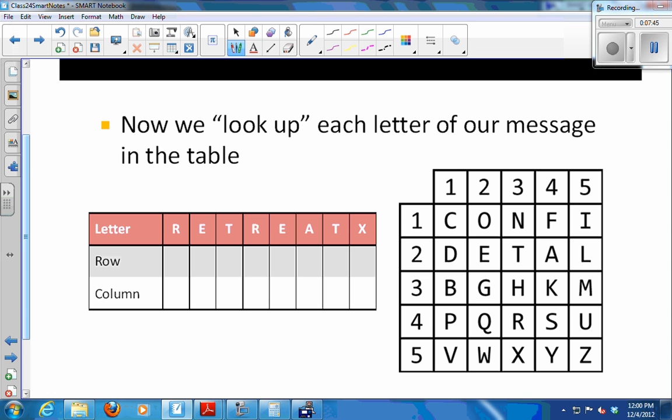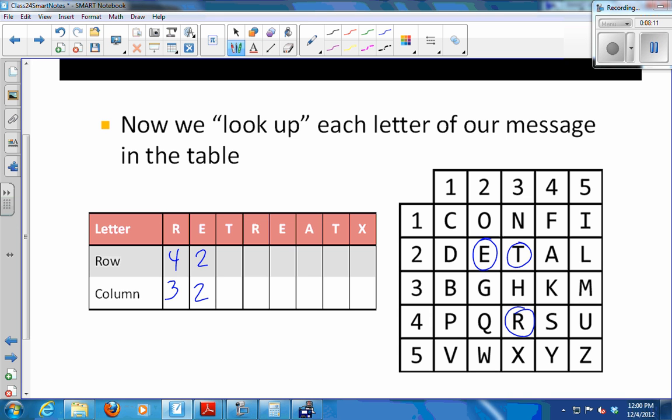Then I look up each letter of the message in the table, and you always go row column. So I'm going to find R in the table. It's right here. And it's in row 4, column 3. So I write that down, 4, 3. Then I look up E in the table, and it's in row 2, column 2.